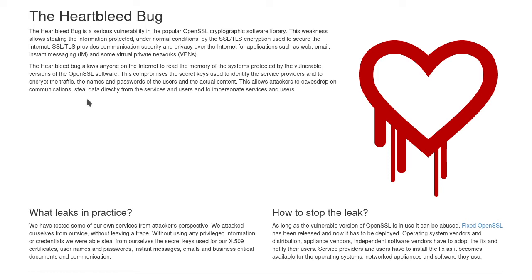Okay, so you can read the rest here on your own. But the point is, it is a bug, it is a flaw in the software, but the consequence was really big. It has a lot of implications when it comes to cybersecurity.